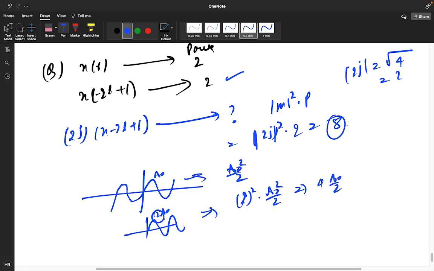Whatever multiplication you do, you take that mod square. Is this clear, guys? Yes, sir.